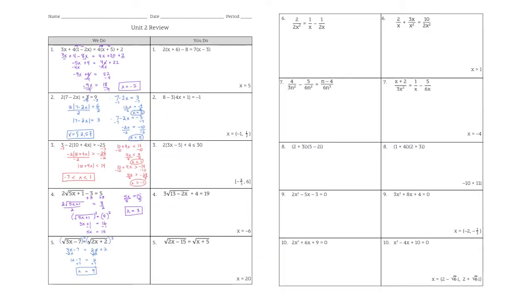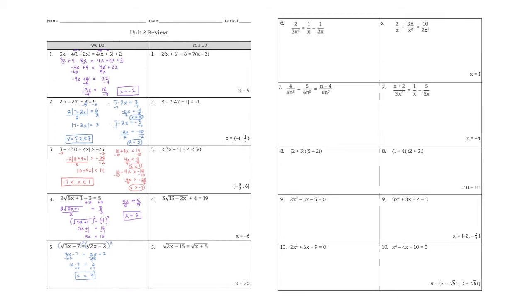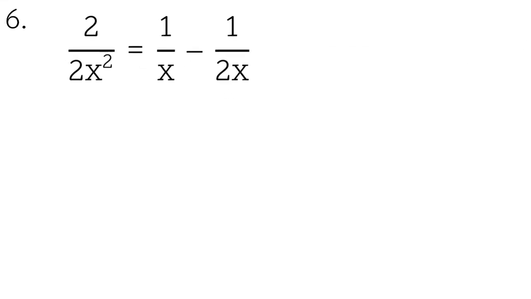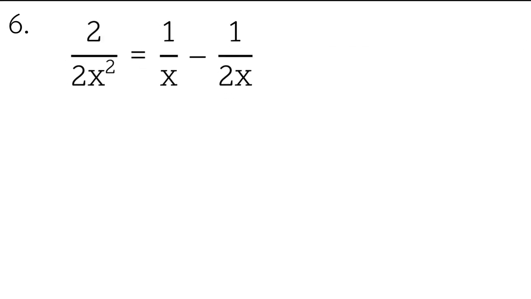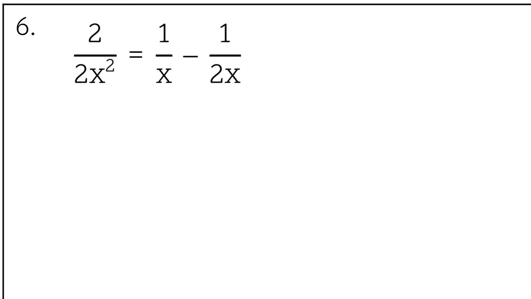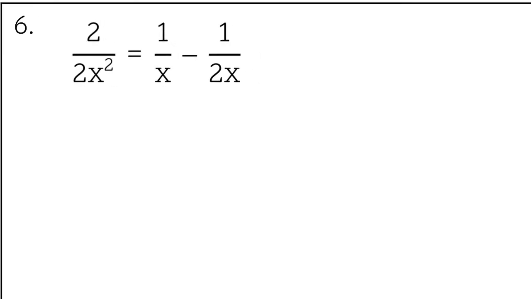Okay, the next type that we did was a rational equation. Rational equations are set up like giant fractions. So if I wanted to get rid of those fractions so I wouldn't have to deal with them anymore, I need to multiply the entire thing by the lowest common denominator.